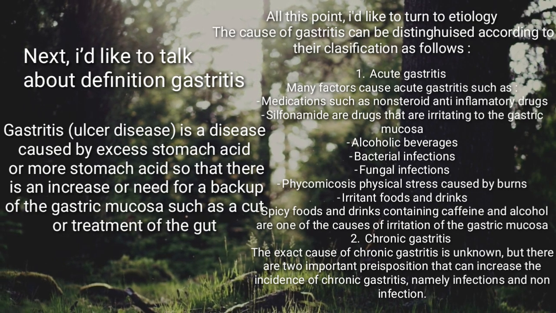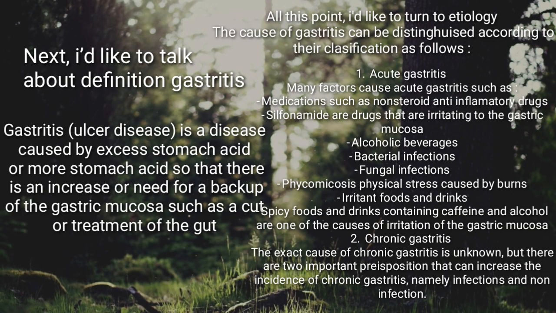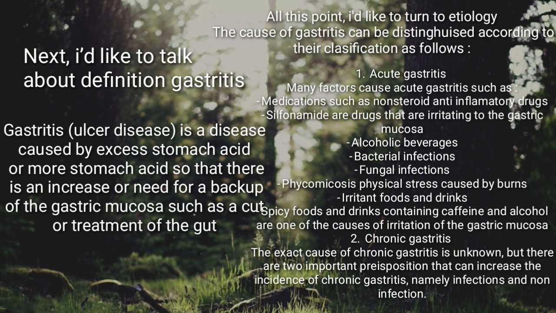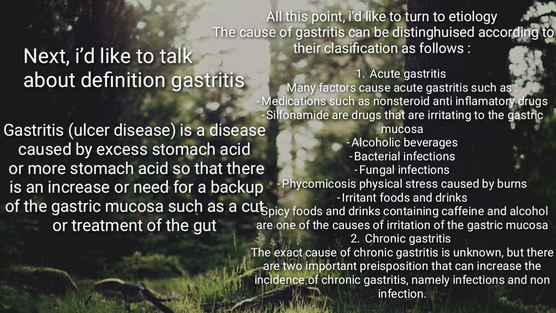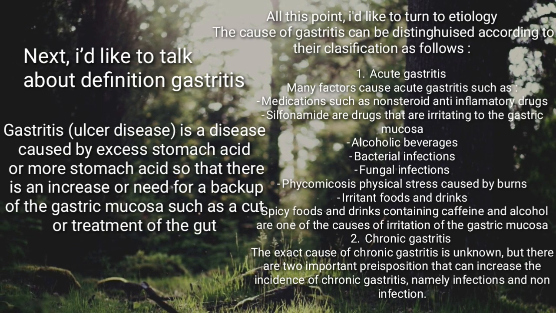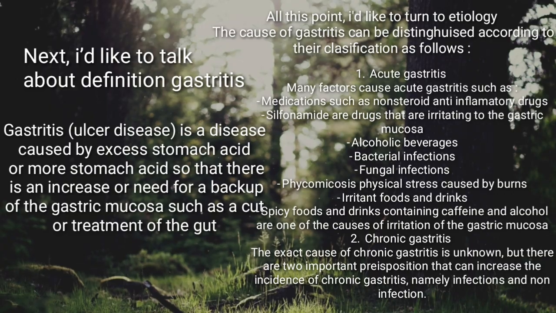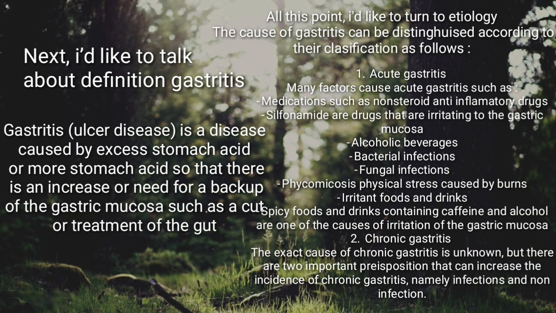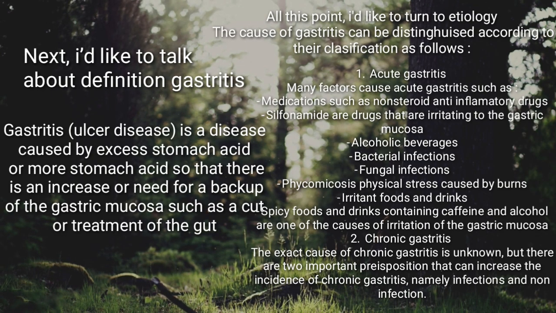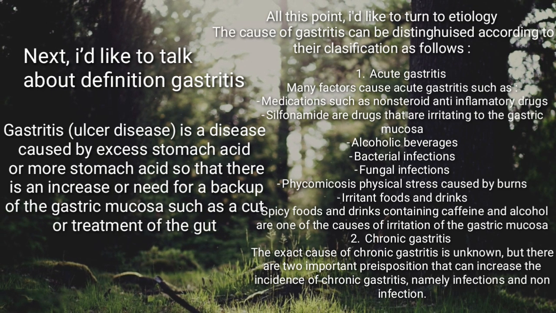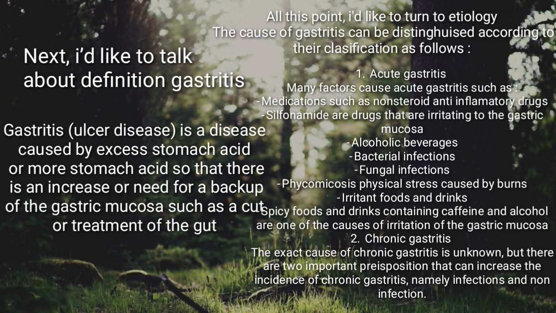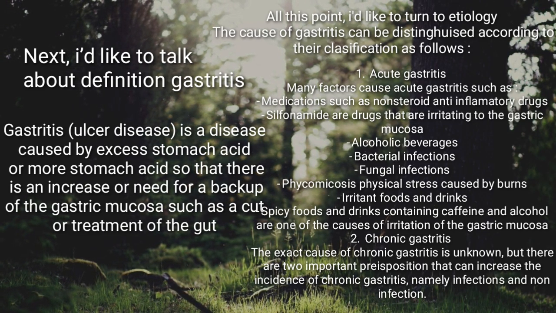The causes of gastritis can be distinguished according to their classification as follows. Number 1. Acute gastritis. Many factors cause acute gastritis, such as medication, for example steroid anti-inflammatory drugs and sulfonamides, which are drugs that irritate the gastric mucosa.